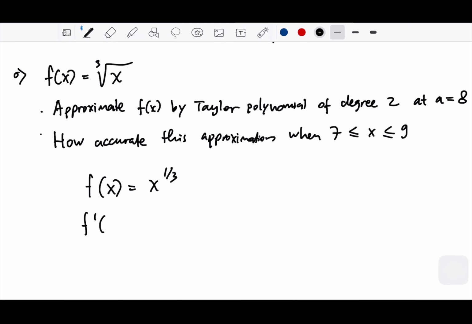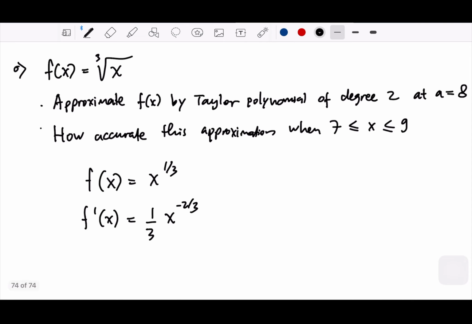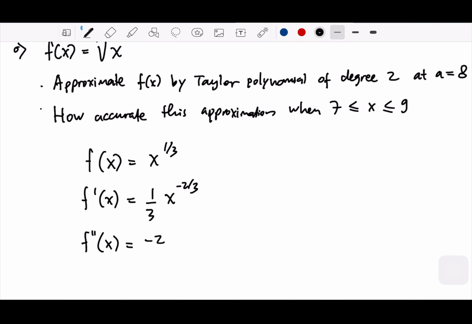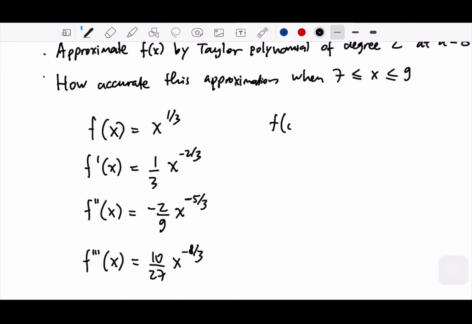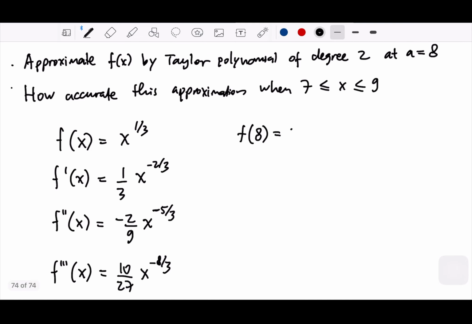Then the derivative is 1 over 3 x to the negative 2 over 3, and the second derivative is negative 2 over 9 x to the negative 5 over 3. Okay, this is the second degree, but let me take it to the third degree, because we need the third derivative for Taylor's inequality later. So we will have 10 over 27. Okay, and then we need to plug in 8 and compute.